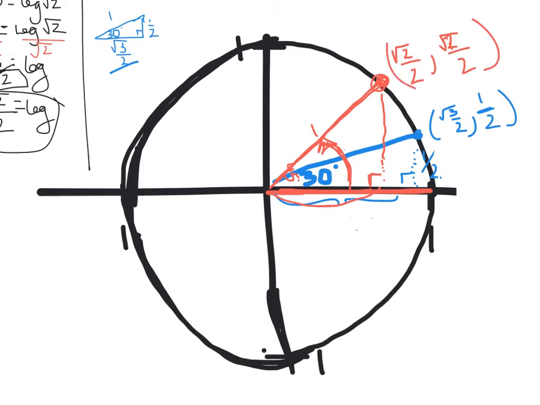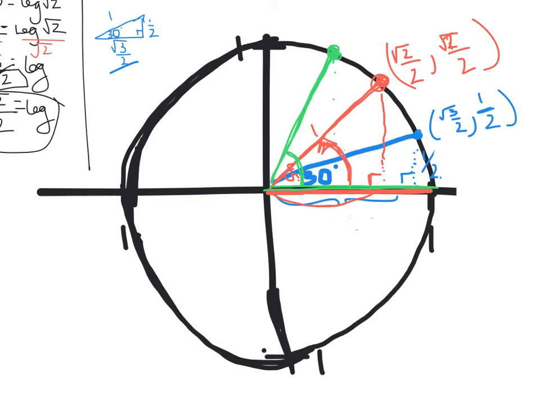So then, if we made a 60-degree angle, when we did this on the previous page, we're still just using that relationship between the sides.